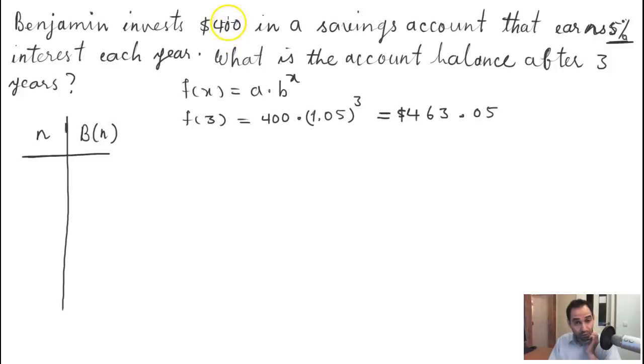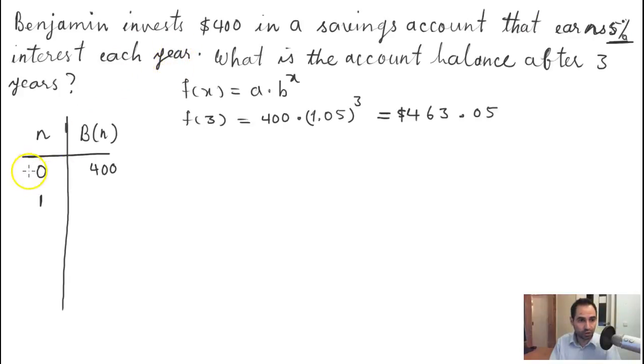In the beginning you had $400, so you invest $400 into this account. That means at n equal to 0, which is no time passed, you have $400. After 1 year, you know that the account earns 5% interest each year.